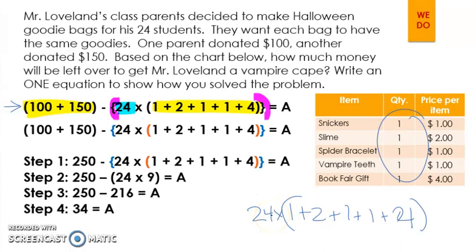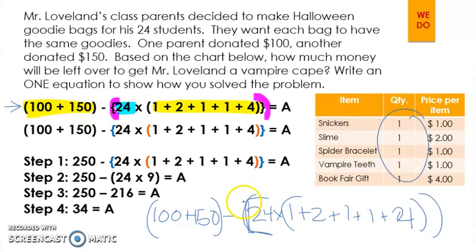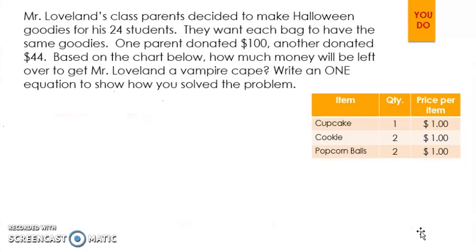I need to subtract this whole thing by 100 plus 150. Do you see how I'm working backwards? And then that's how you can do it for yourself. And I would change these to brackets because I already have parentheses. So sometimes working backwards is easier. I hope this helped you.